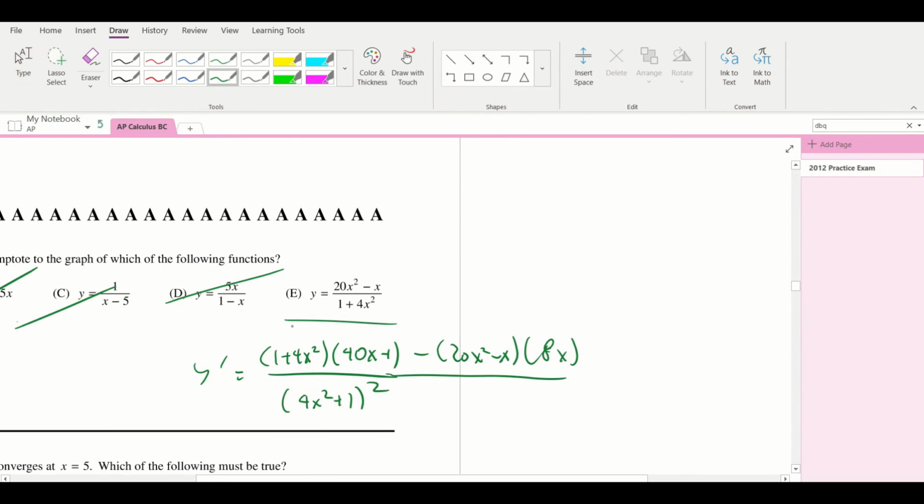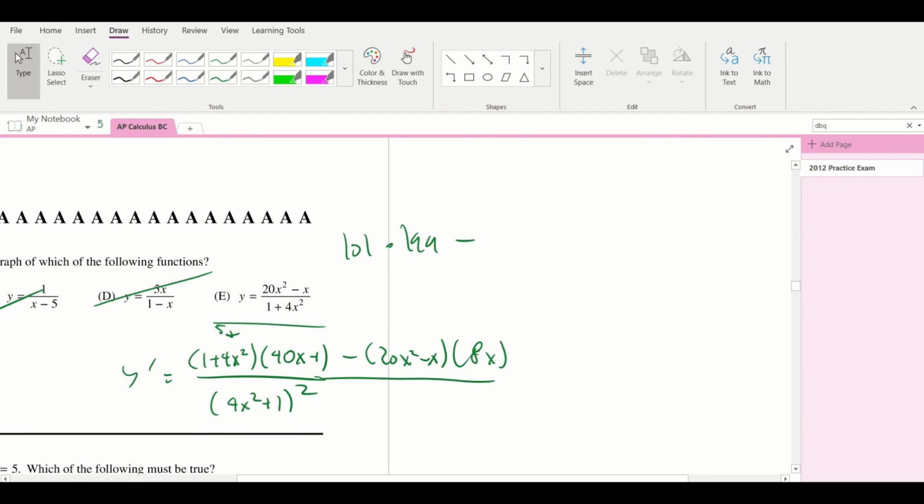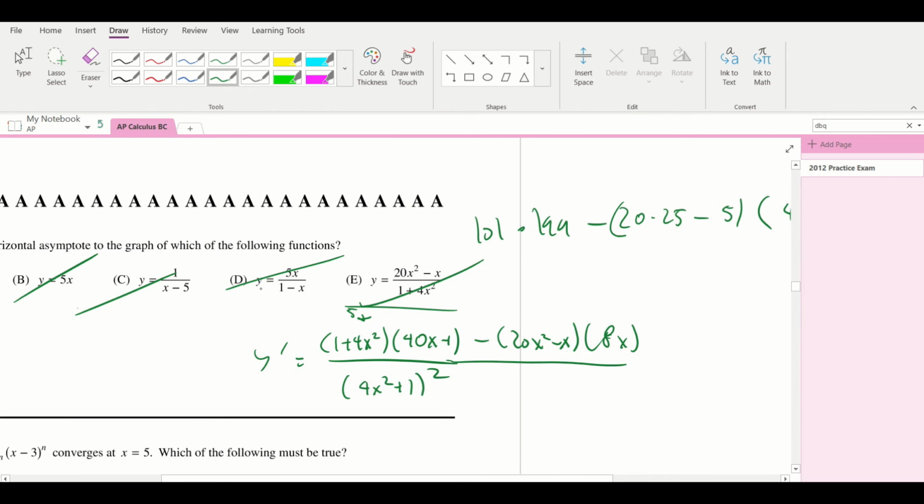So we plug 5 into here, we have 101 times 199 minus 20 times 25 minus 5 times 40. And this is not.